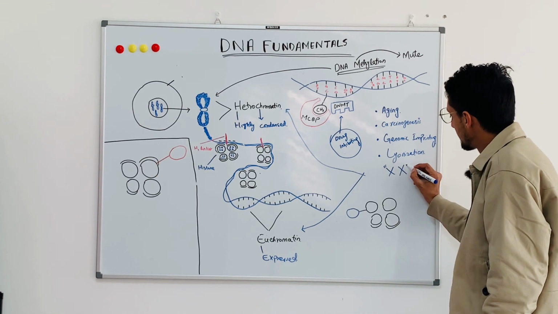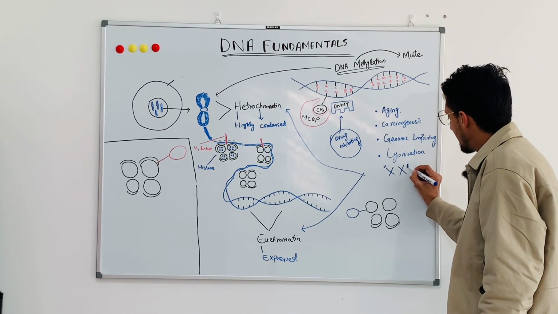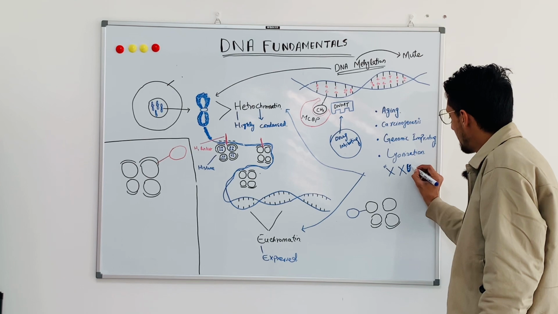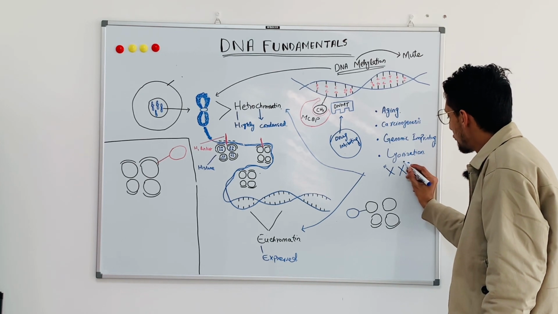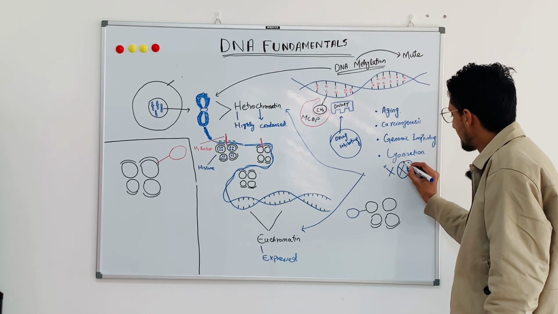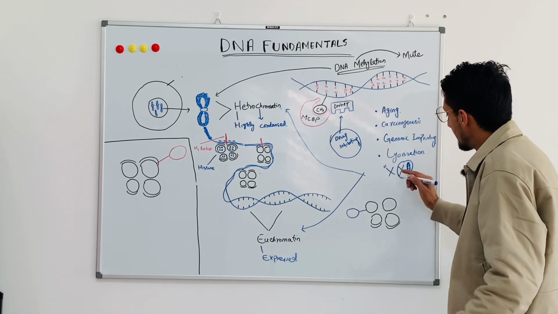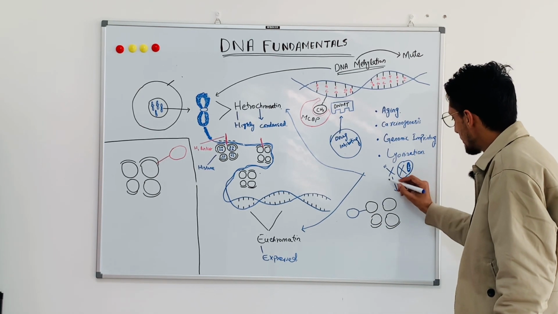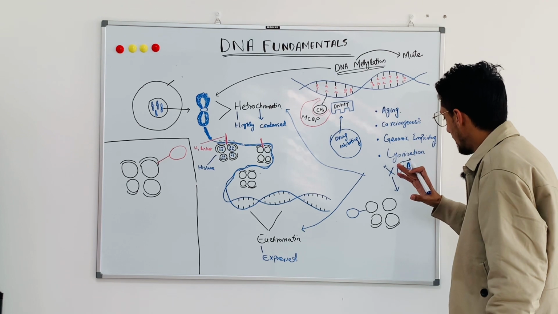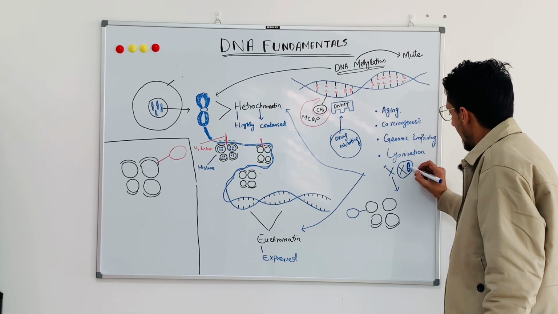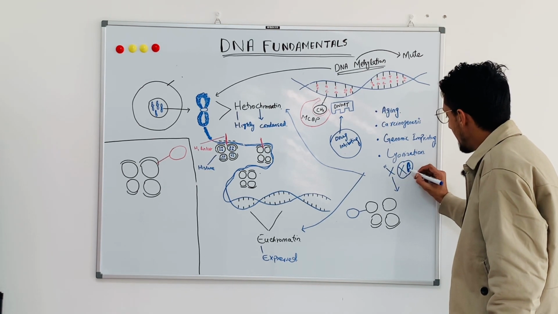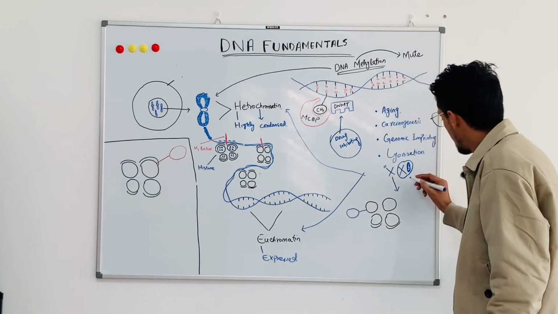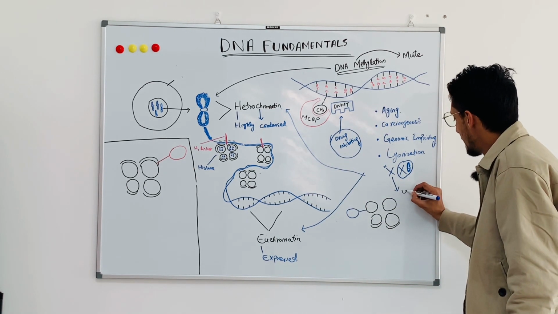So what happens? If one chromosome is expressing, the other is not required to show the expression. So this chromosome becomes methylated, silencing one of the chromosomes and ensuring that the next cell will show proper genetic expression. This process of making one X chromosome silent is known as lyonization.